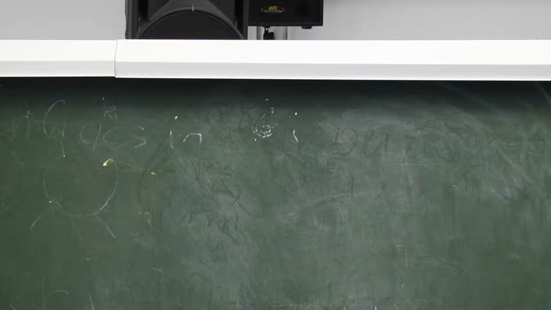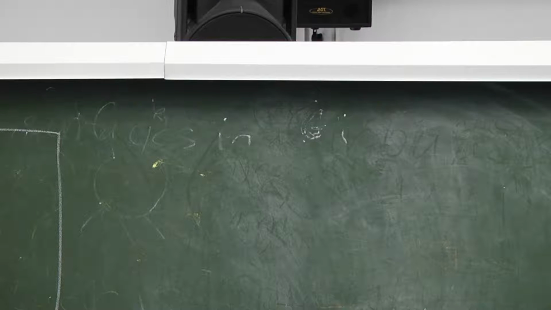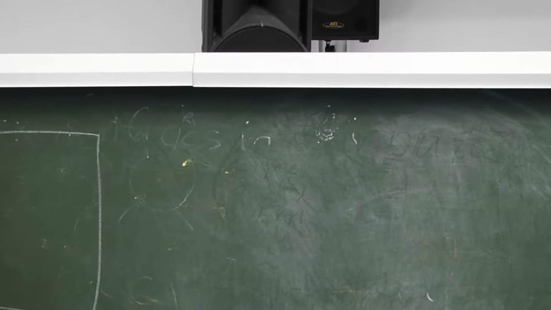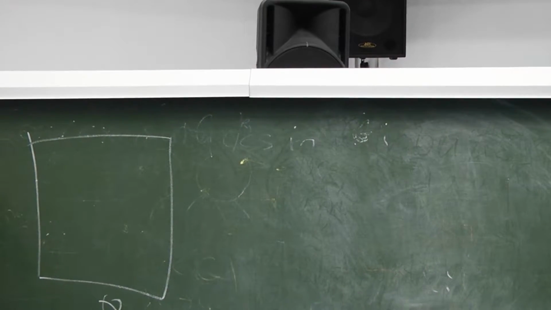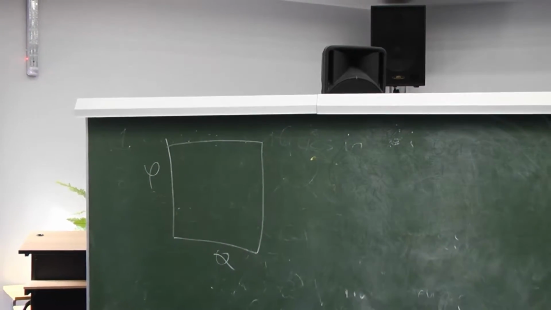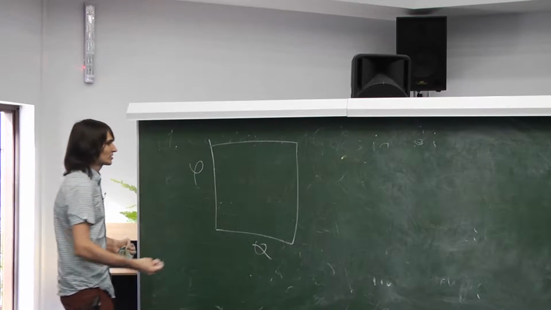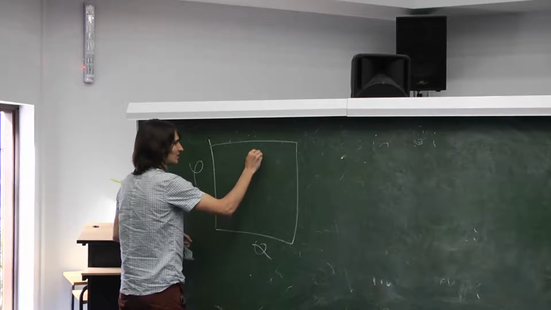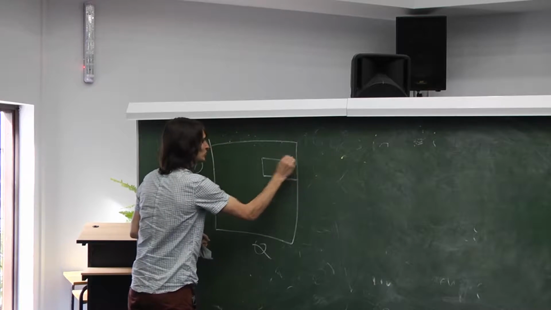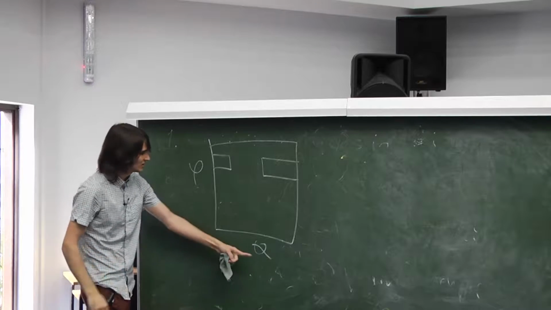Consider a torus, two-dimensional torus, with coordinates theta and phi. By a rectangle on the two-dimensional torus, I mean the product of two segments of coordinate circles, theta and phi.